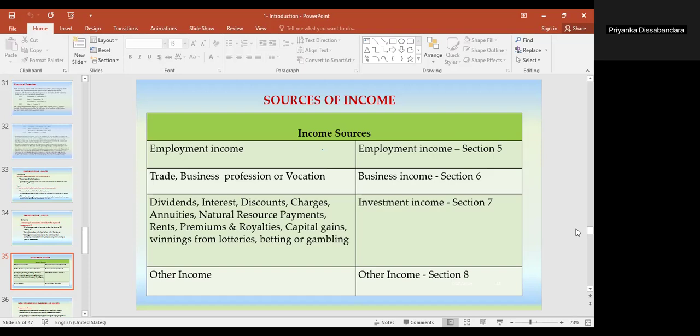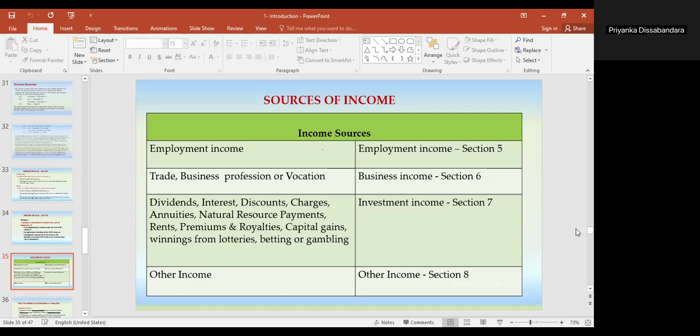And in most cases, we have interest income because we have bank accounts. And for some individuals, they may have dividend income if they have invested in the share market. And if we have more than 1 or 2 houses, then we can rent out those houses, and we can earn rent income.